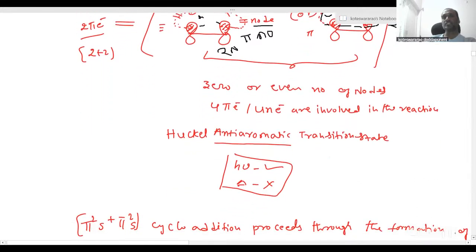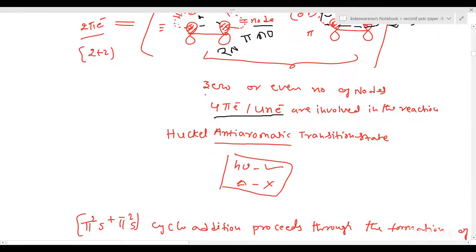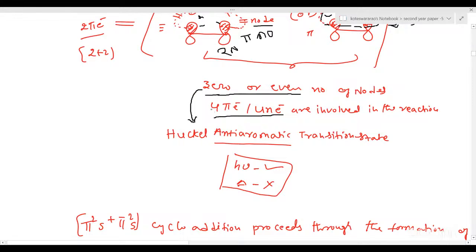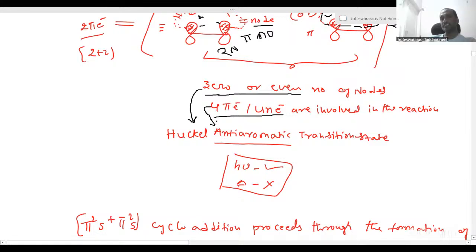Now in this transition state, zero or an even number of nodes are involved, with 4 pi electrons. Therefore, the reaction involves a Huckel anti-aromatic transition state. Four pi electrons in a pi system is treated as anti-aromatic.